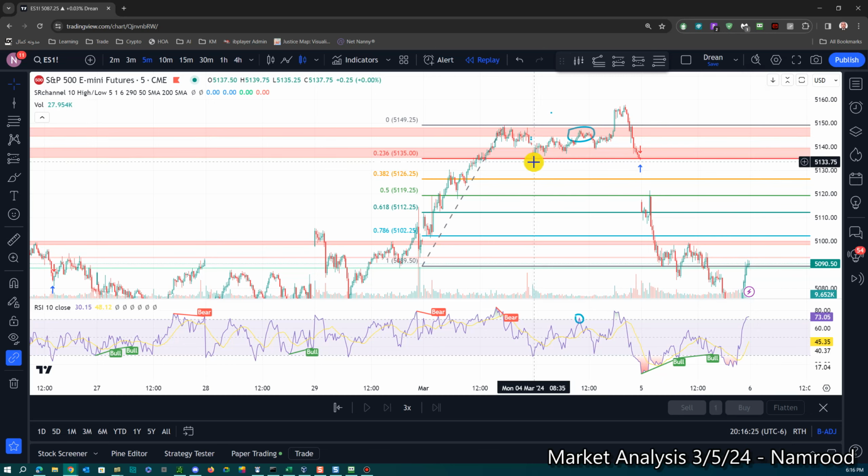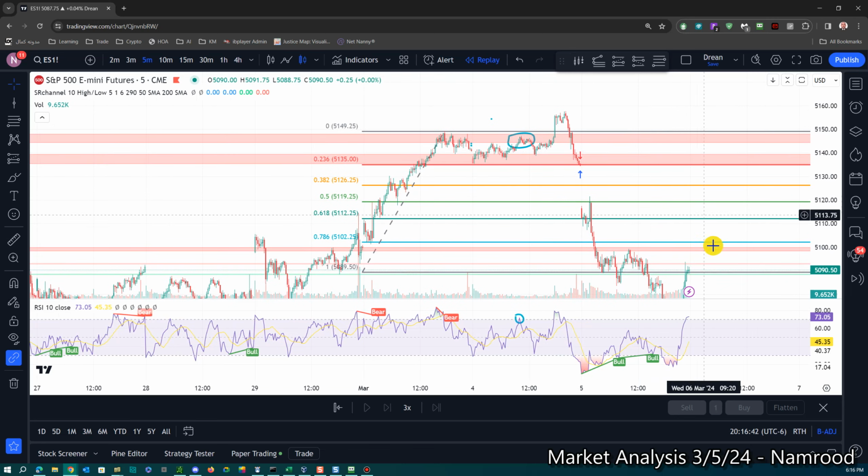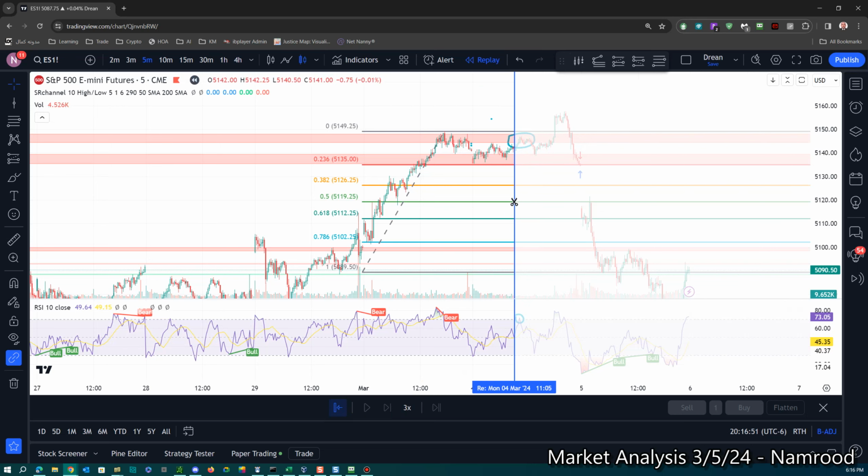So we visited this 23.6 level only once, it acted as support, and then it came here. Now at the 0 level, it got rejected, and then came here.